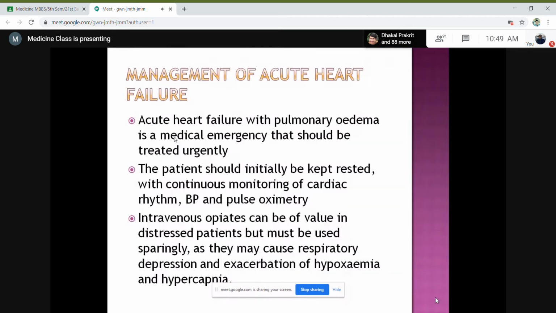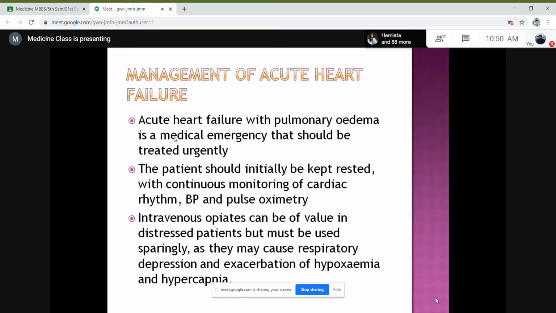Management of acute left heart failure. Acute heart failure results in pulmonary edema. It is a medical emergency and should be urgently treated. Whenever the patient comes, the patient should be asked to rest, with continuous monitoring of ECG, blood pressure, and saturation.